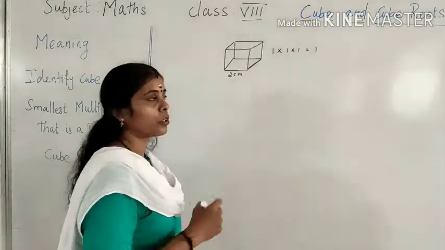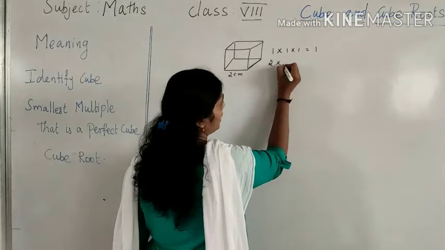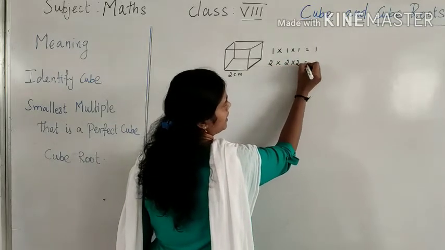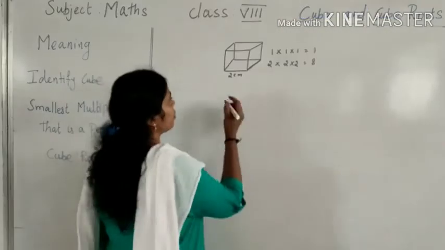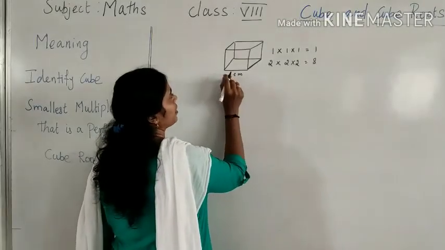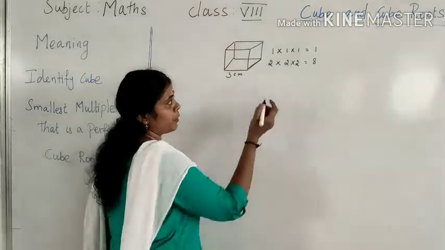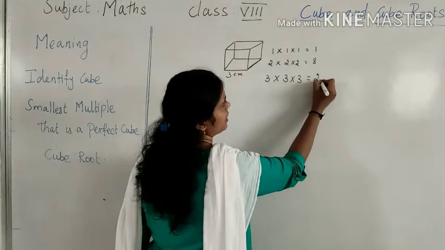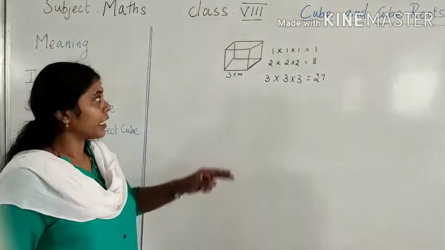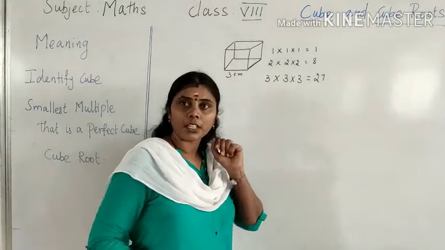What will come? 2 multiplied by 2 multiplied by 2, that is equal to 8 centimeter cube. If it is 3 centimeters, what will come? Very simple. 3 multiplied by 3 multiplied by 3, that is 27. So this is called the cube of a number.